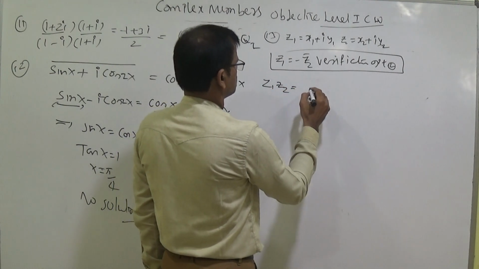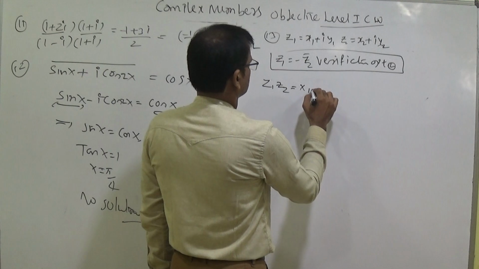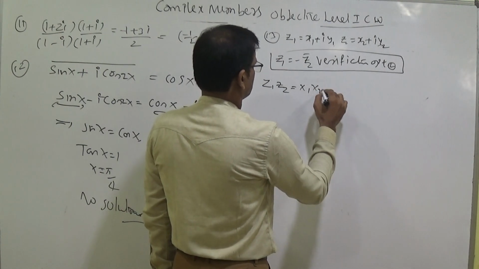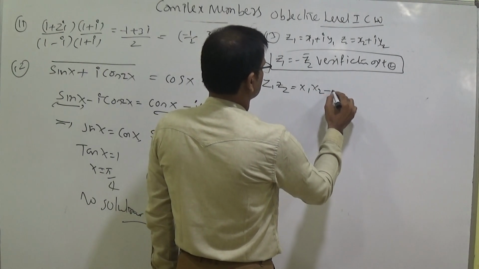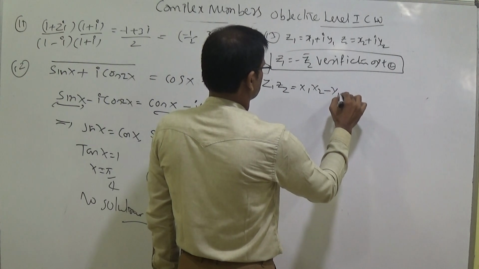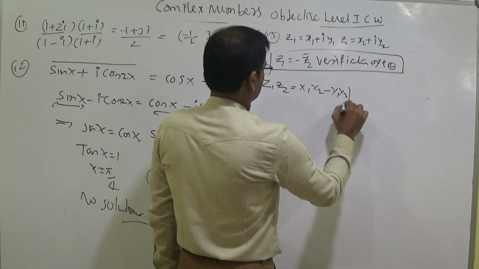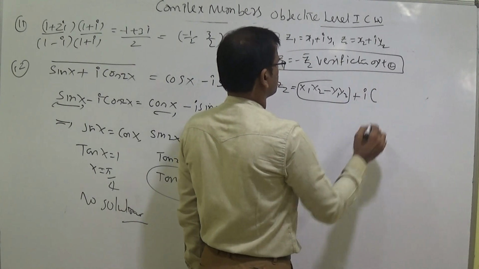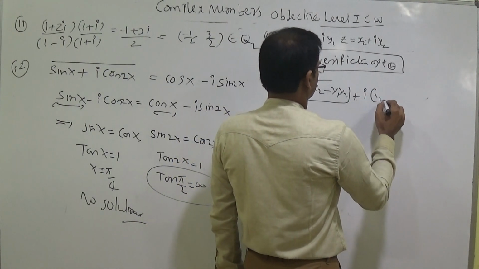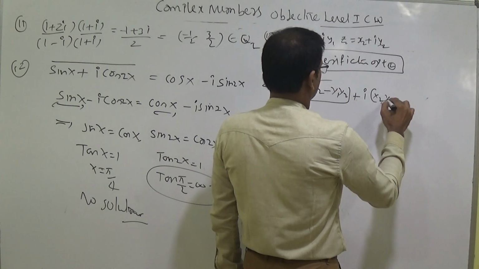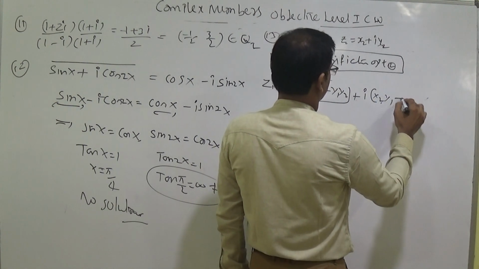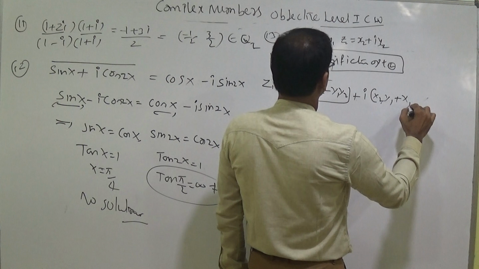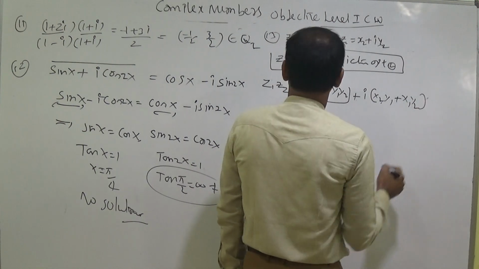Let us write Z1, Z2 here. So multiply, it becomes x1, x2 minus y1, y2, plus I into (x2, y1 plus x1, y2).